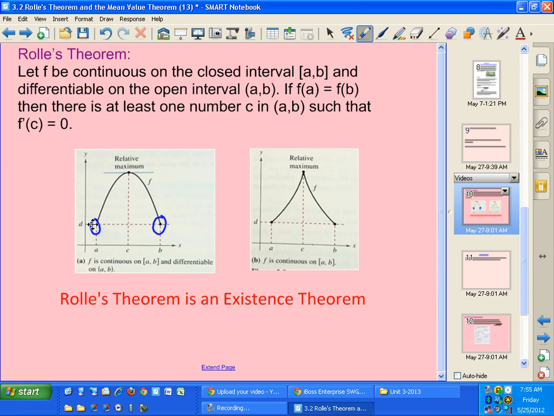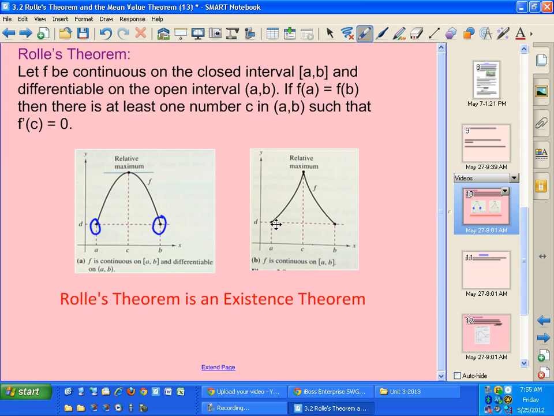You have a relative maximum or a relative minimum, a horizontal tangent, or a place where the graph is a maximum or a minimum.